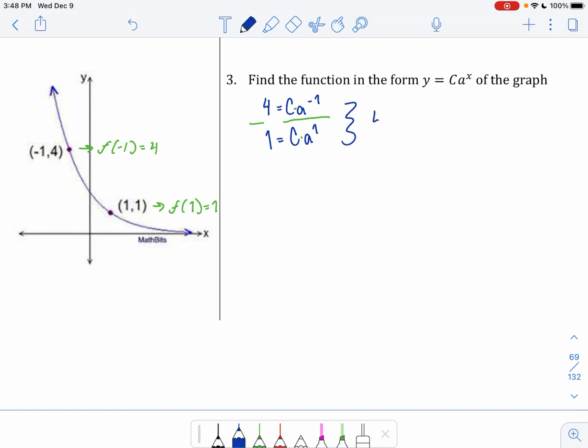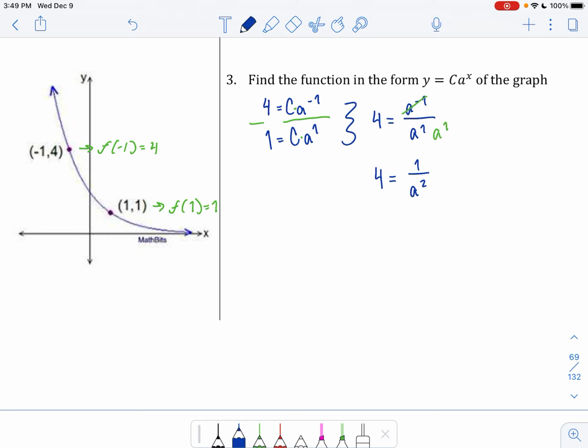So this becomes 4 over 1, which is 4, is equal to, c's cancel out, a to the negative first over a to the first. Now I'm going to simplify that with the exponent rule, and that tells me that 4 is equal to 1 over a squared, because I'm dropping the negative exponent down.